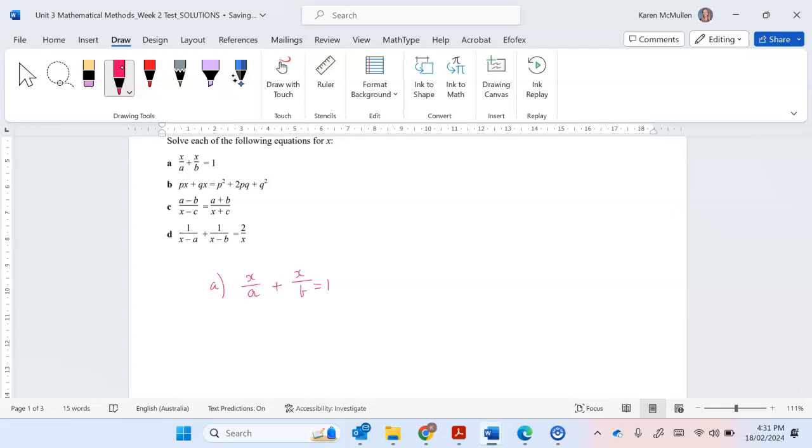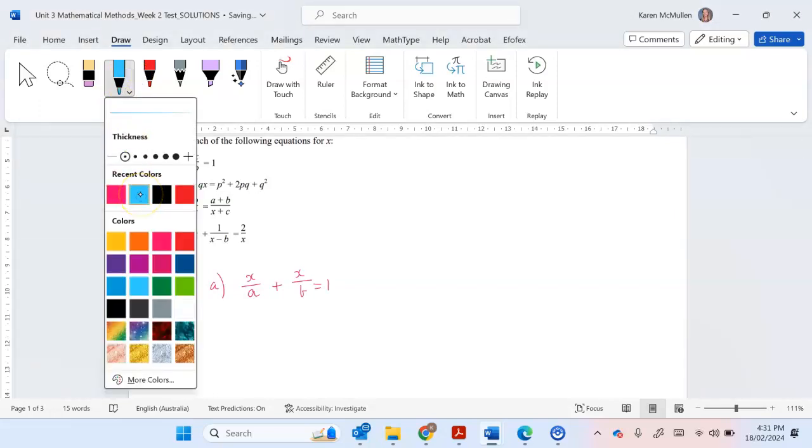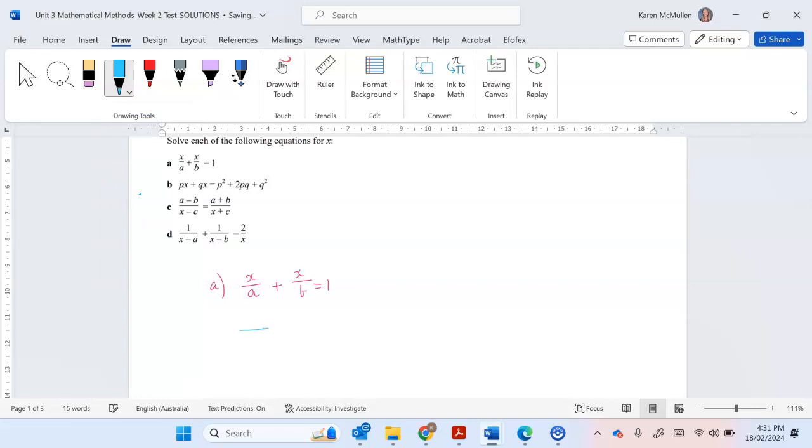So what we need to do is make them have the same denominator. Okay, so our common denominator is going to be AB. It's exactly like we did before. But remember, to change it to the 6, I just multiplied it by a number. So here, for our first fraction, we're multiplying it by b.